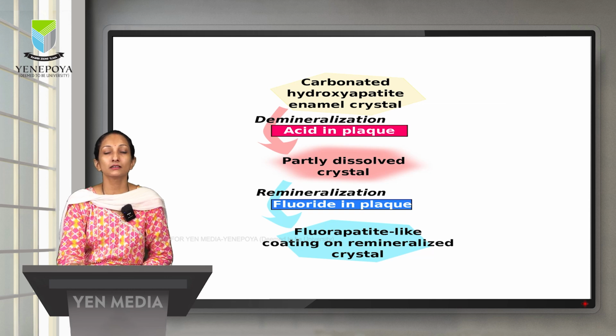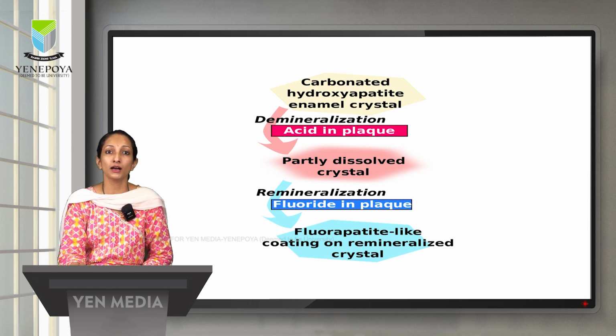Now, when there is acid or increased acid content in the oral cavity or any part of the tooth structure, this results in carbonated hydroxyapatite enamel crystal, resulting in demineralization, which is a partially dissolving type of crystal. Whereas, when there is increased fluoride or calcium and phosphate supersaturated in the saliva or the plaque, then the remineralization process takes place.